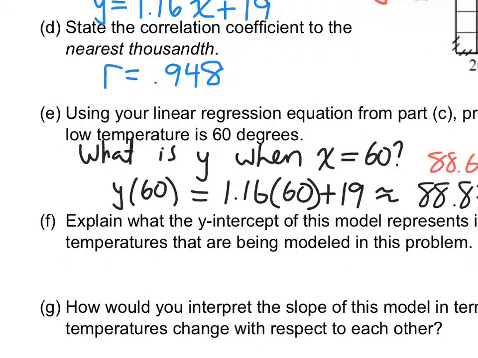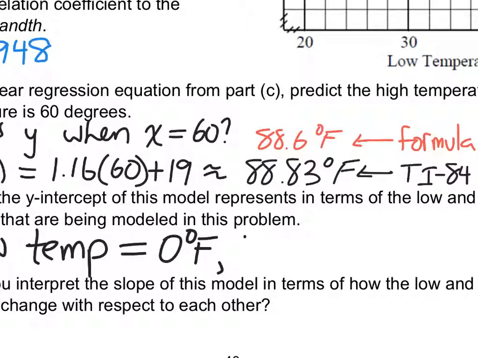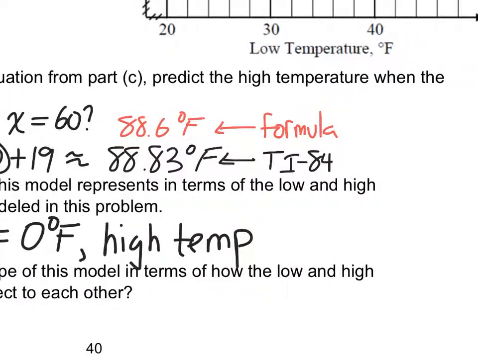So what that's telling us is if the low temperature, because that's x, is equal to 0 degrees Fahrenheit, the high would be equal to 19 degrees.